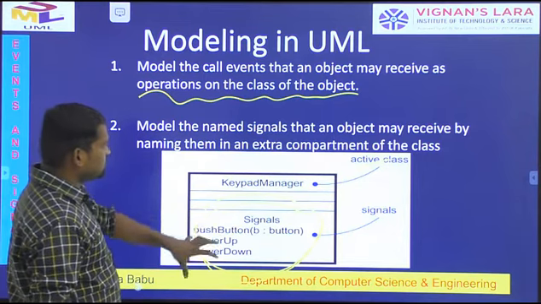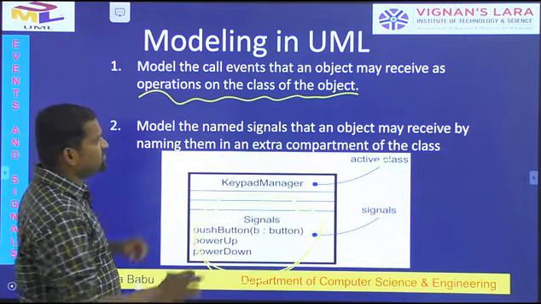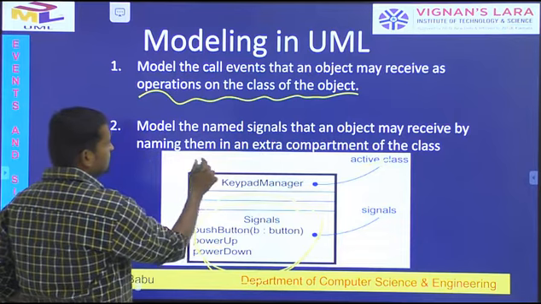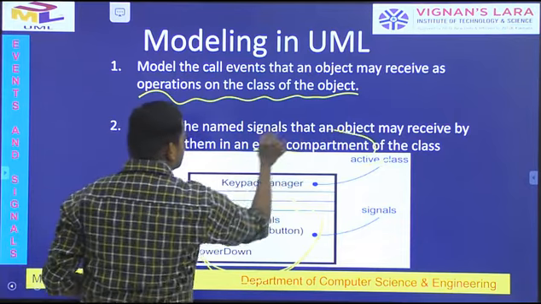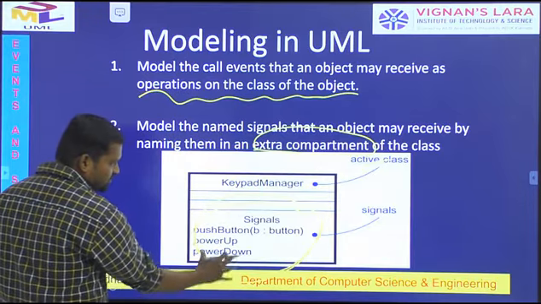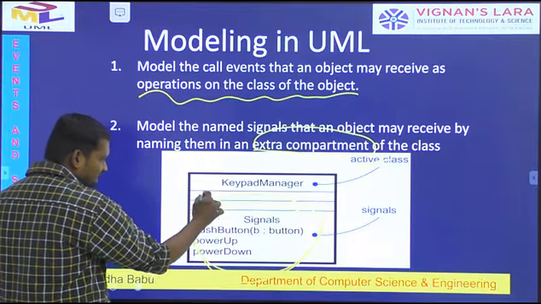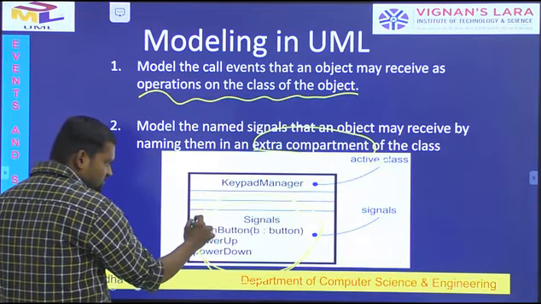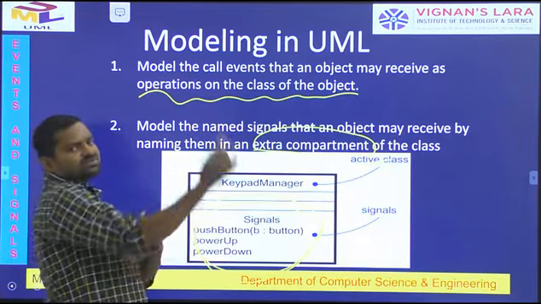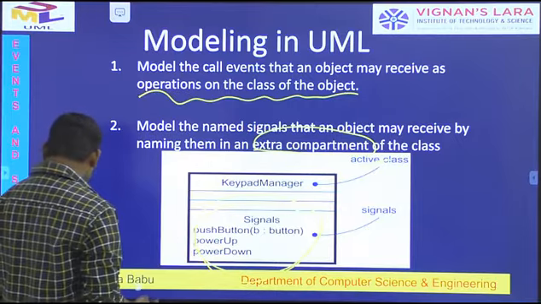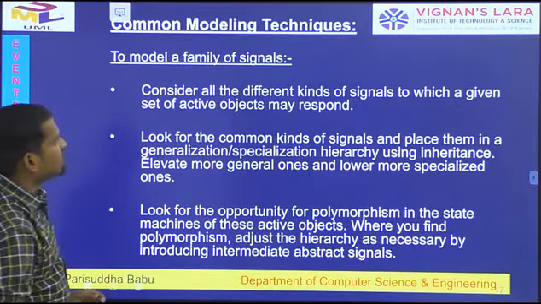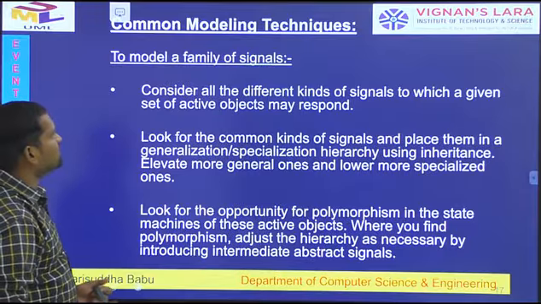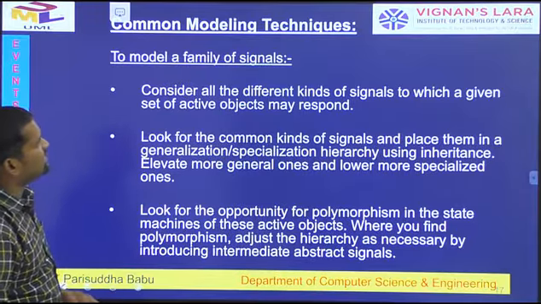Model the named signals an object may receive in an extra compartment. You can take an extra compartment, not only for attributes, operations and transitions, and write the signals.